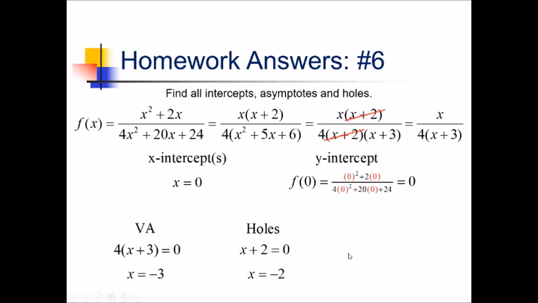Finally, for the horizontal asymptote, looking at my original function, I notice that I have the same degree in the numerator and denominator. These are both x squared as the highest exponent. So in that case, I take the ratio of the coefficients of those x squareds, which is an invisible 1 over a 4. So 1/4 then is our horizontal asymptote.